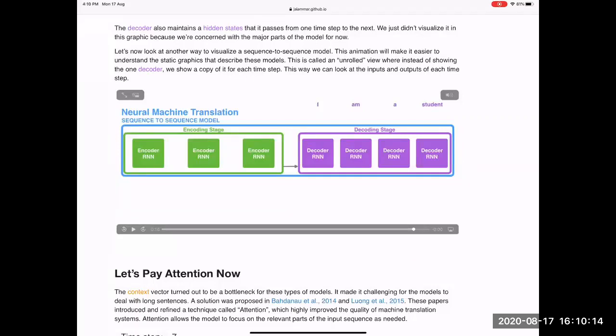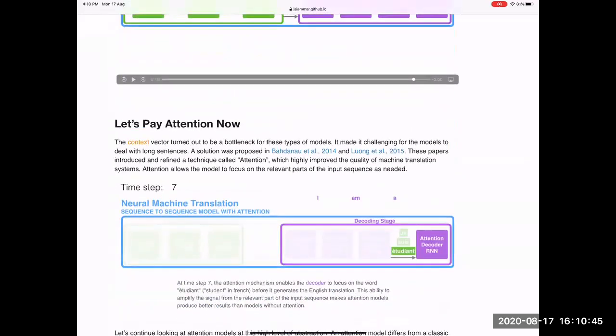And secondly, while predicting student, it can give more weightage to the hidden state that I got after my third encoder, because the third encoder has seen studente, that is in French. If I give more weightage to that hidden state, probably I may get slightly better results. So let us understand this. That has been converted into what is called paying attention.